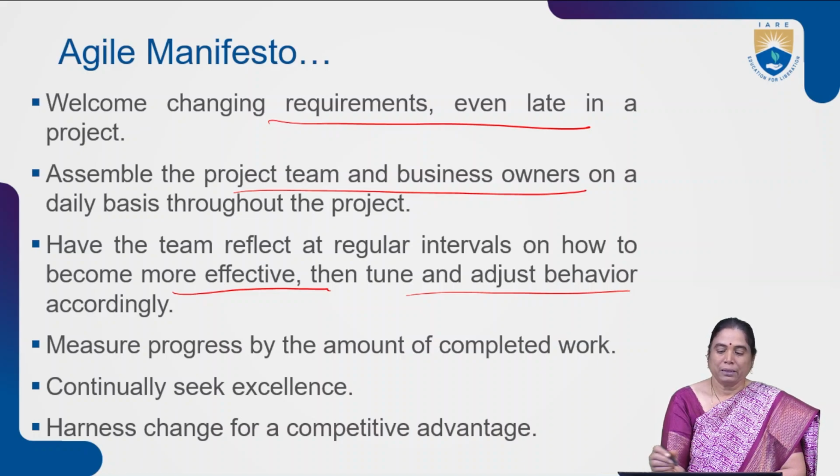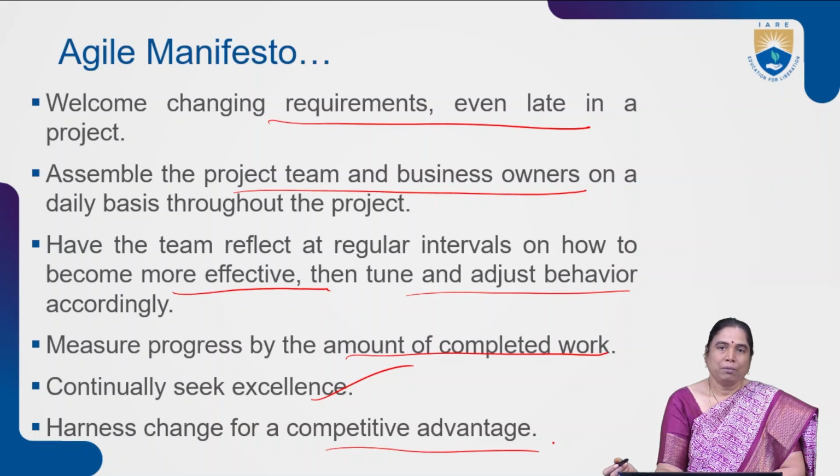Measure progress by the amount of completed work. Continually seek excellence. Harness change for competitive advantage. With the help of pair programming, competitive programming skills must be improved in the team in Agile development.